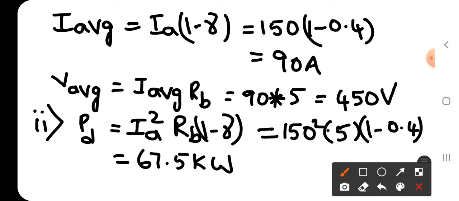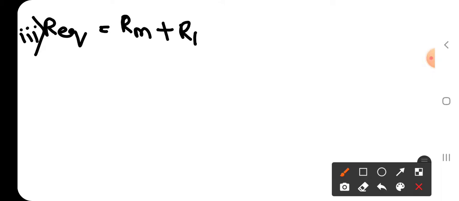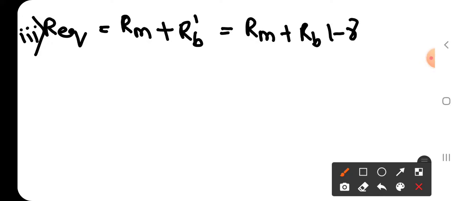Then what is the equivalent resistance of the load? The equivalent load resistance of the motor when it is acting as the generator. So you need to calculate the total resistance in the circuit when braking is employed. That is R equivalent, the third one. R equivalent is equal to motor resistance plus braking resistance. Braking resistance is considered as RB into 1 minus gamma.